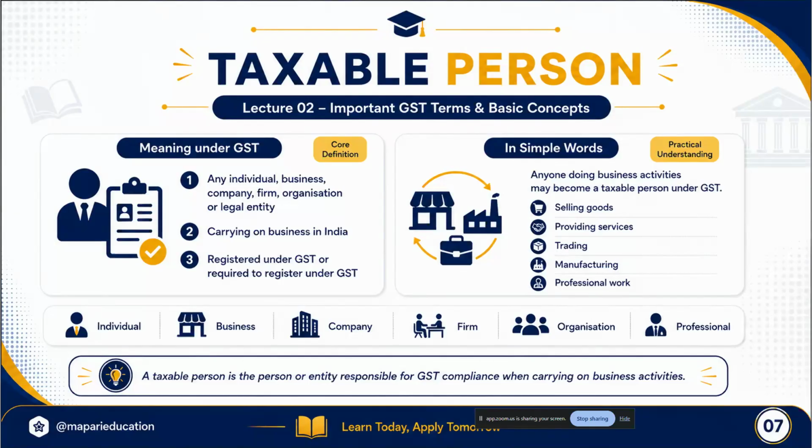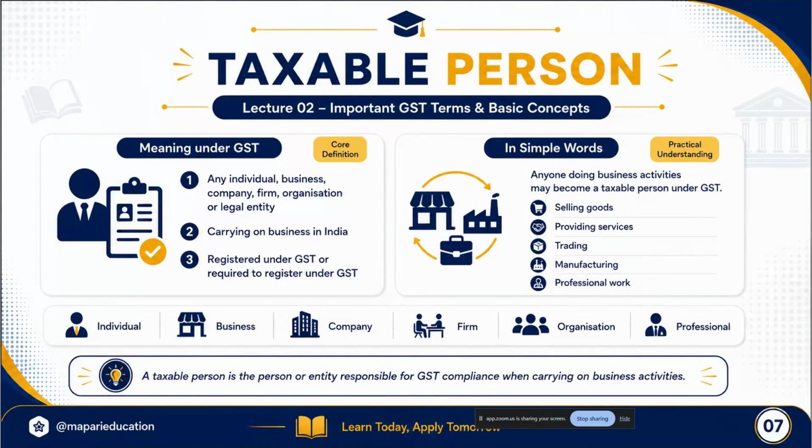Suppose that Mapari Education is going to fall under the criteria issued by the government. Government said that every service industry having 20 lakh turnover needs to pay GST and take the GST registration. Suppose that today is the 23rd July and we fall in the 20 lakh turnover, but I didn't take any GST registration. Am I a taxable person right now? I have crossed my turnover today, 20 lakh rupees.